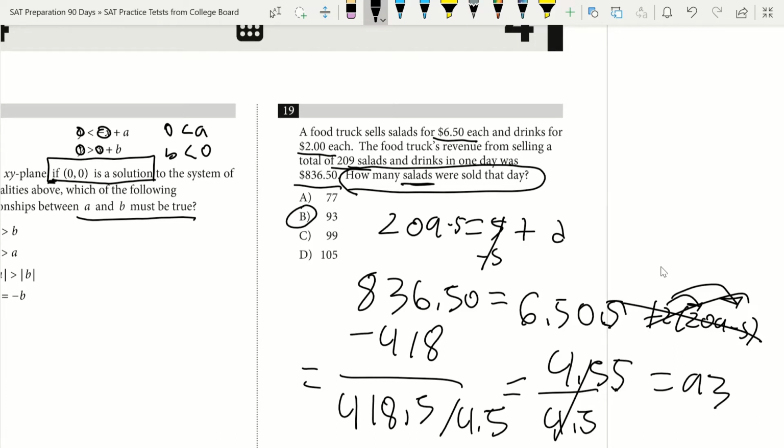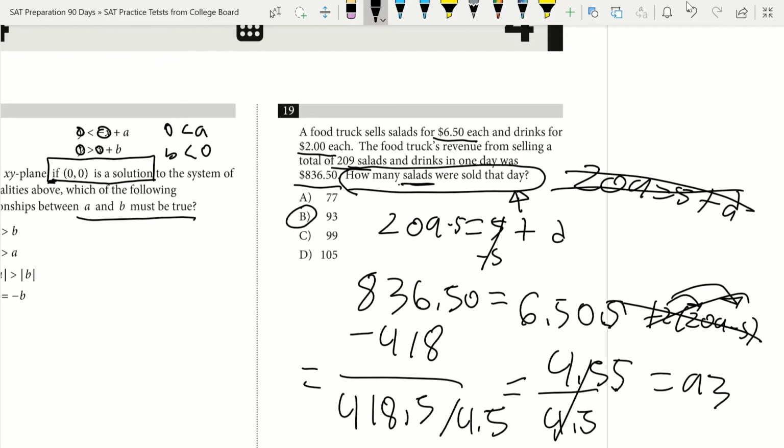Notice how by solving for S, I didn't have to go back through and find D. If I had solved for the number of drinks first, I would have had to go back and use 209 equals S plus D. It's not a huge deal, but on the SAT math section, since it's timed, you really want to save as much time as possible, and that extra step wastes time because there's a faster way to solve it, and I only want to teach the fastest ways to solve things.